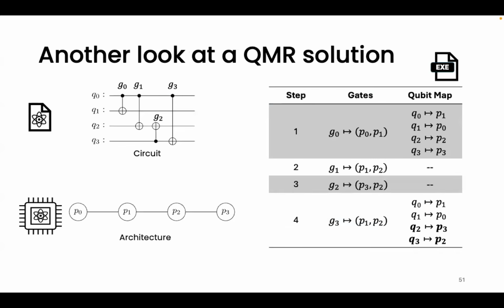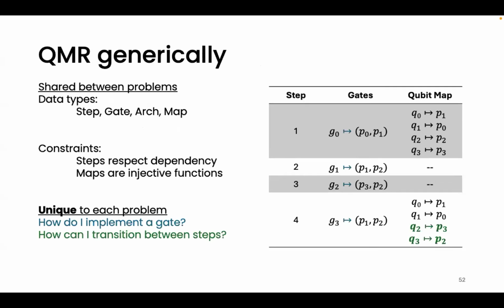Okay, so let's look a little bit at how this might work. Here's another view of qubit mapping and routing, the NIST problem. This is the same instance I showed earlier, and the same solution, but represented in this tabular form.